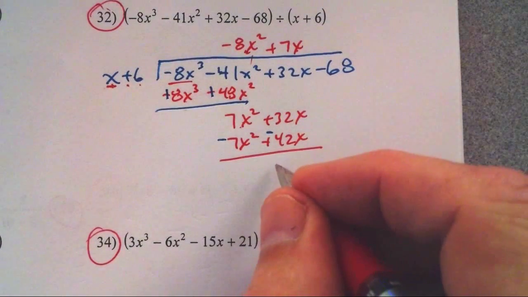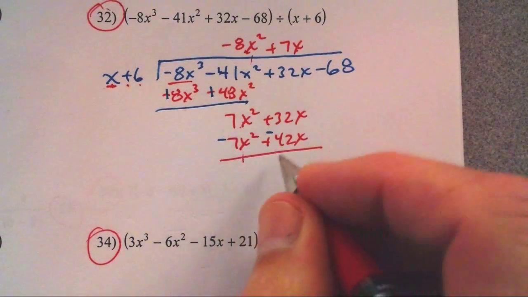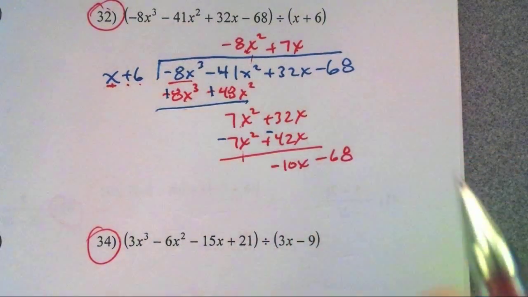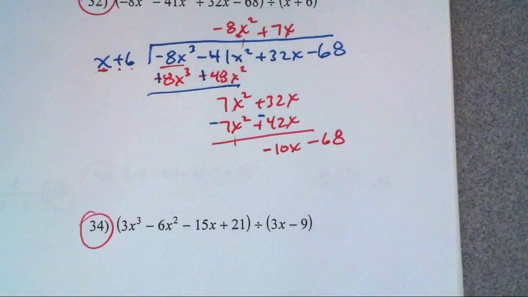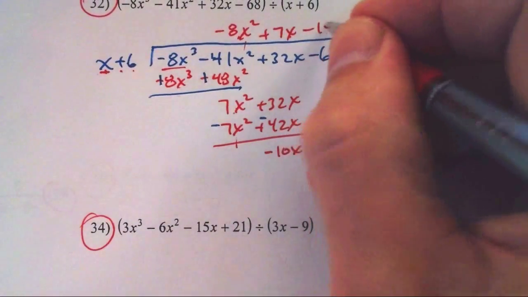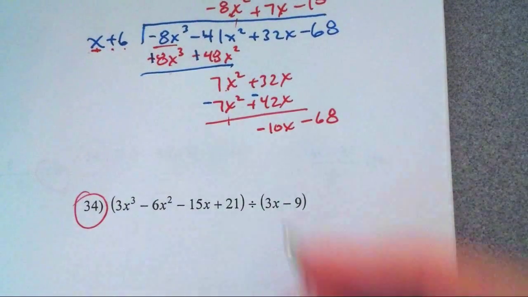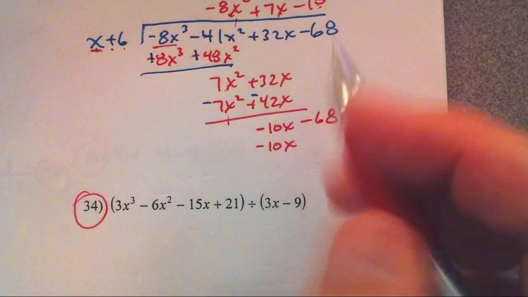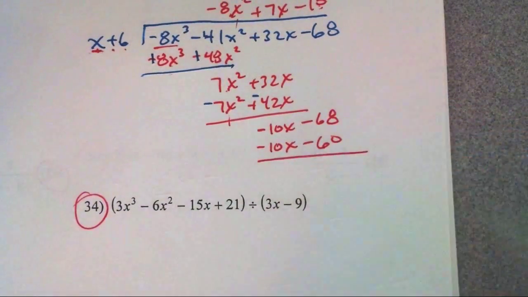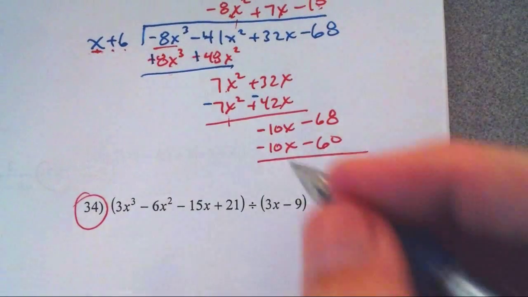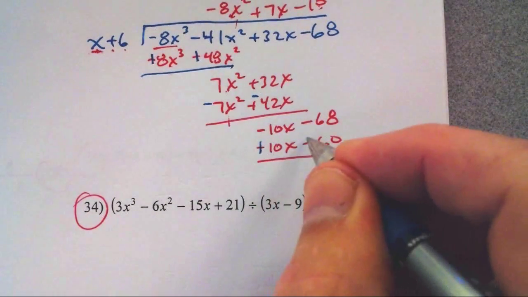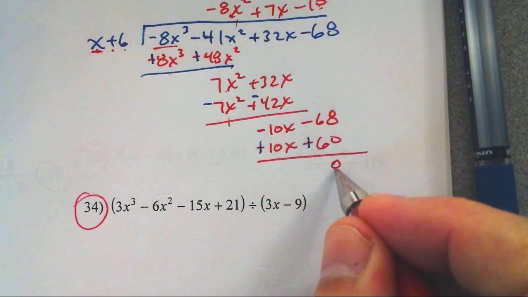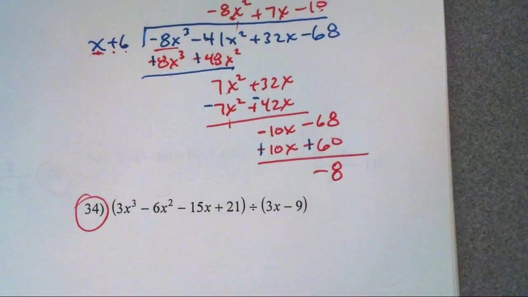And those cancel, they better, that's why we did it, and I get negative 10x minus 68. And I say, how many times does x go into negative 10x? Negative 10 times. And I get negative 10x and minus 60, but subtract those, and I get a remainder of negative 8.